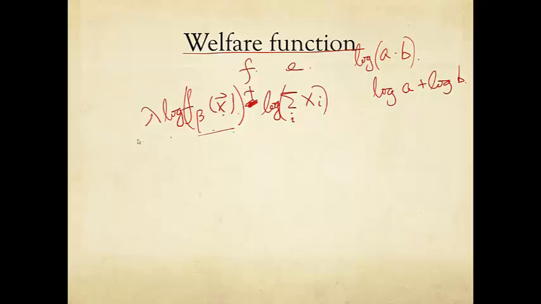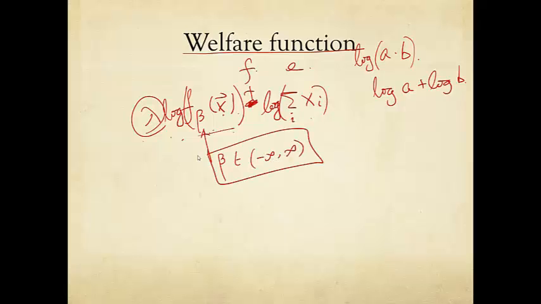Just say that it's basically a weighted sum of the log of a fairness component and the log of the efficiency component, where the weight of this weighted sum is a number lambda. So in addition to beta, which is some number between minus infinity and infinity, which describes the shape of your fairness notion, there's now also another parameter lambda, which is between 0 and infinity, giving a relative weight to fairness of distribution relative to efficiency of the distribution.